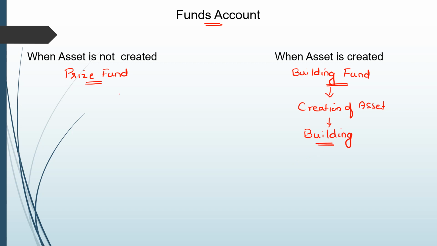Now to understand this further, let us take an example. First, we'll take the case of the prize fund where an asset is not being created. Suppose the opening balance of the prize fund was rupees 10,000.